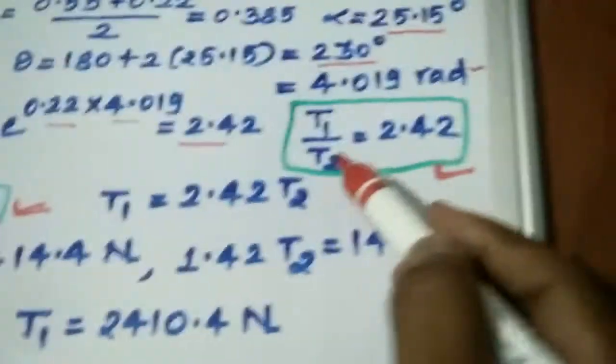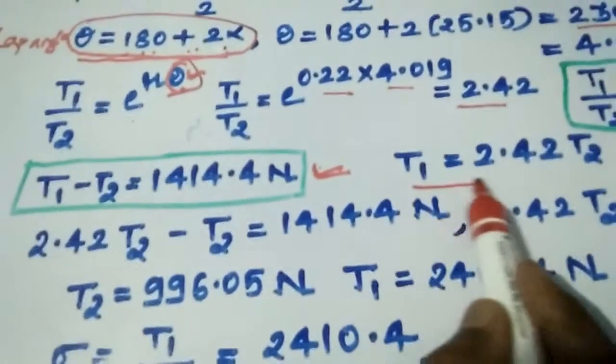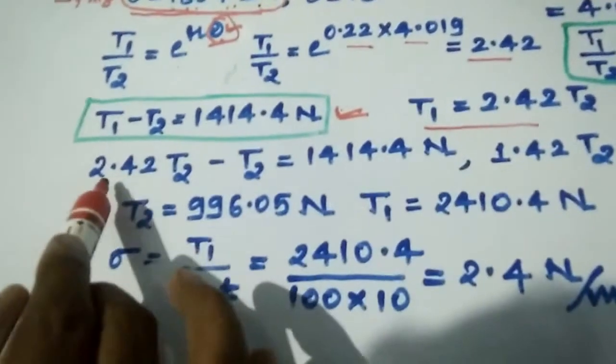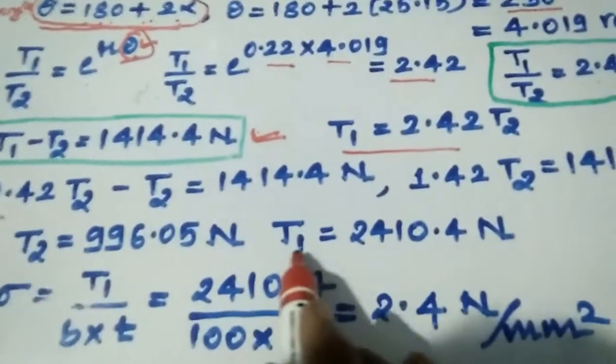Finally you keep it in the form T1 equals 2.542 into T2. Then you substitute this value and you will get the T1 value and T2 value.